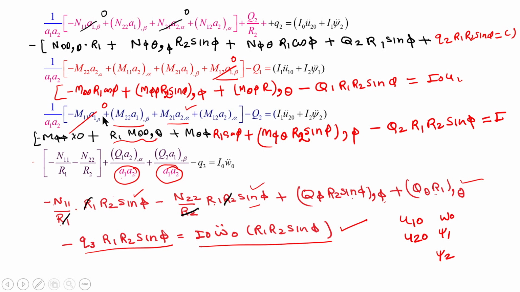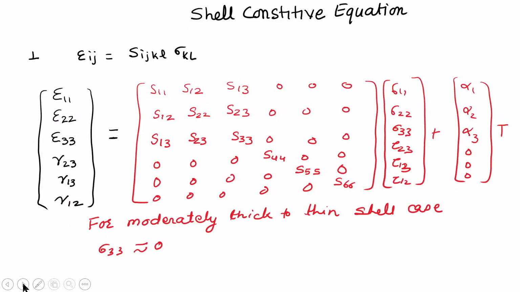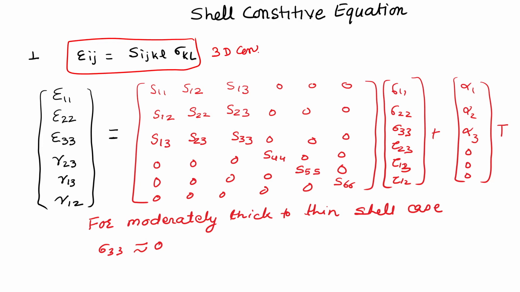So, for this, the very first step is to find out the constitutive equations like epsilon ij equals s ij kl sigma kl, known as the generalized Hooke's law or 3-dimensional constitutive relations basically. They are for a 3-dimensional body. Now we have to find them for the case of a shell.